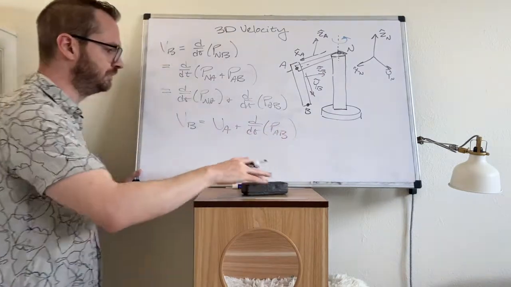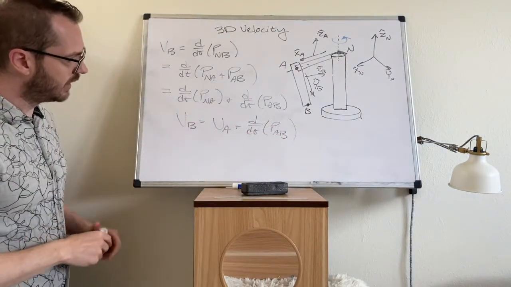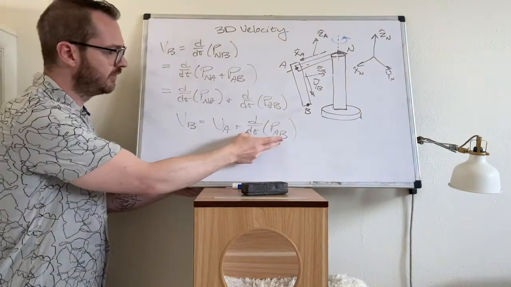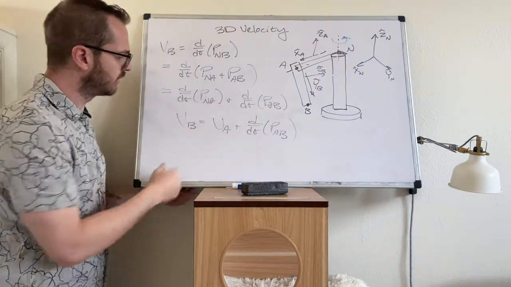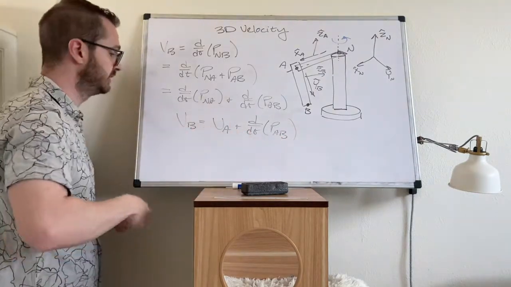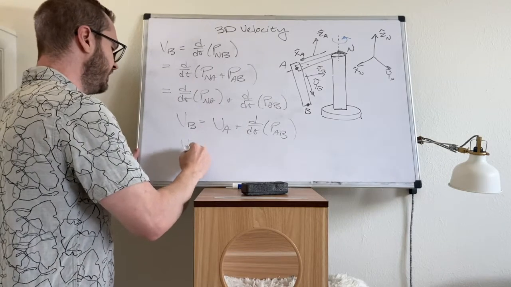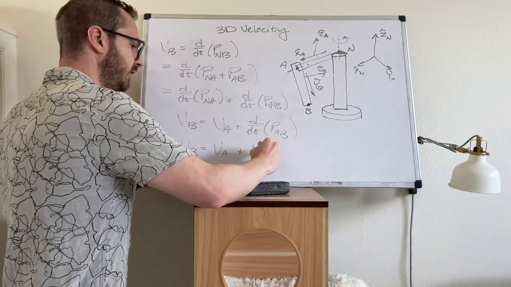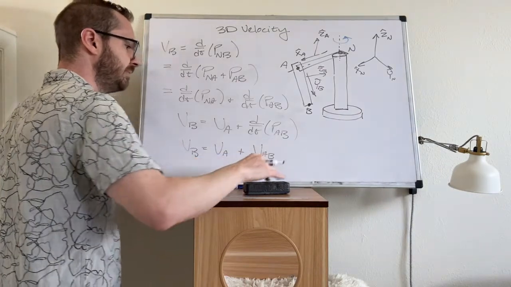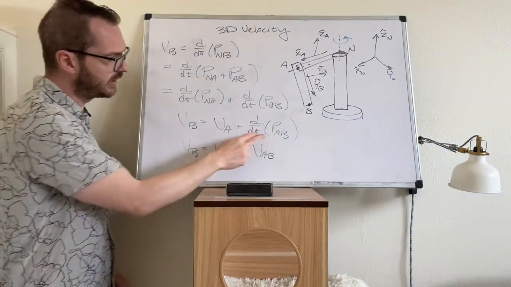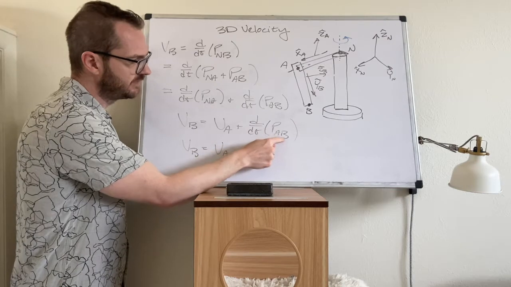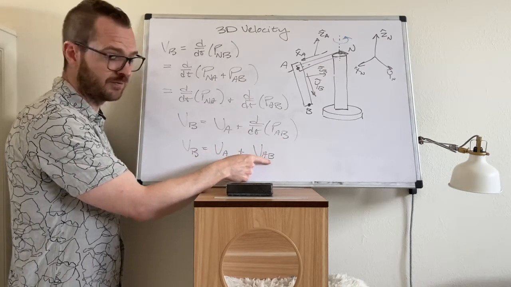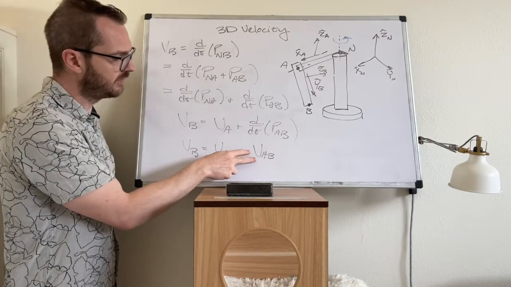All right. An interesting thing you can do if you want to dig into the nomenclature, we could rewrite this portion. I could say VB is equal to VA plus V A to B. So if you're taking the derivative of the position vector A to B, you get the velocity from A to B. This is a relative velocity.